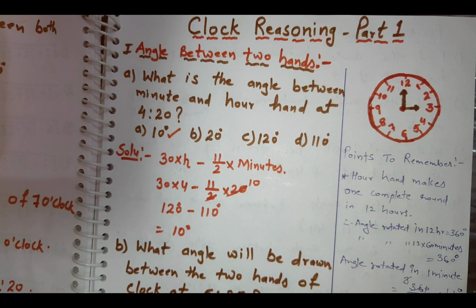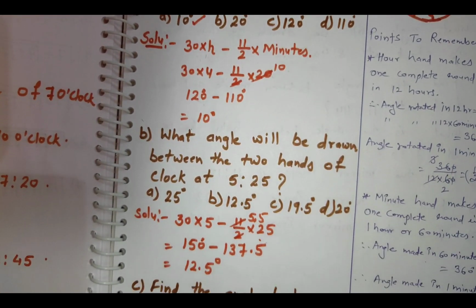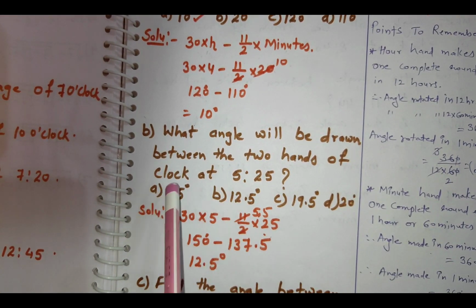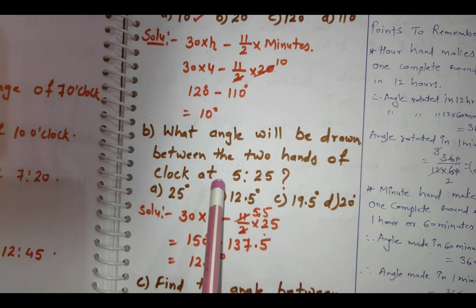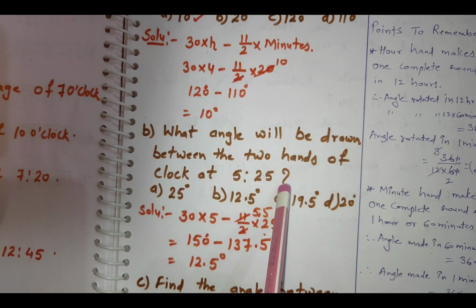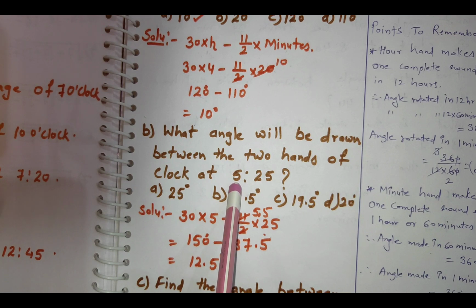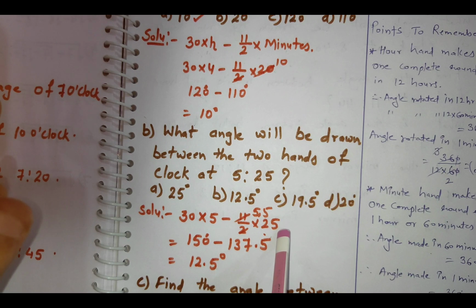Now come to the second question. The second question is, what angle will be drawn between the two hands of the clock at 5:25. So here the hour is 5 and the minutes are 25. Simply you will put the formula 30 into hour, that is 30 into 5, minus 11 upon 2 into minutes.